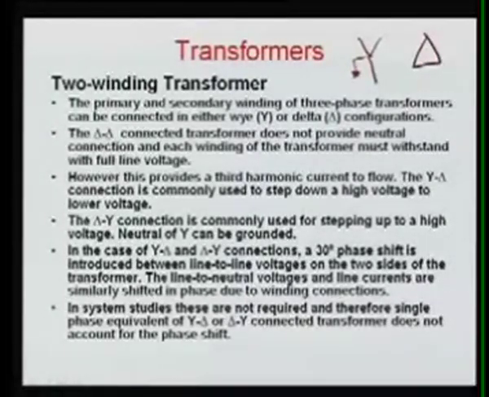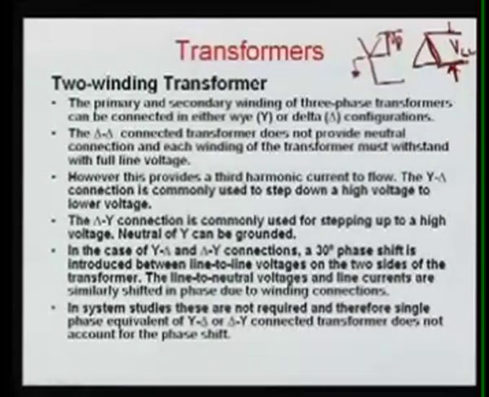You can see here the phases are bearing the line to line voltage. This is your VLL, that is line to line voltage. Here in the star, the winding is only bearing the phase voltage. So the insulation level of the phases is also reduced in the star connection.